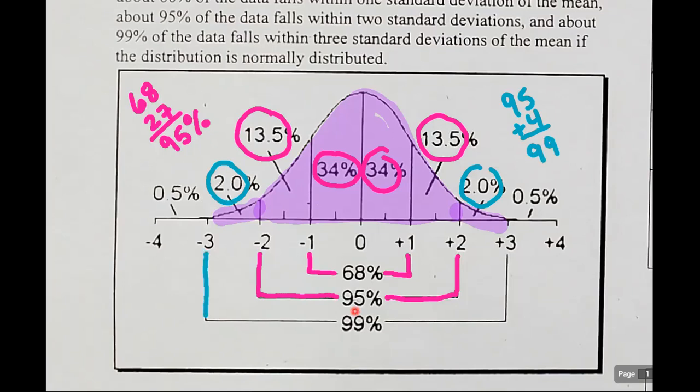And here, this is that 99%. Almost all the data falls within 3 standard deviations. Now, not exactly 100%, so you have a little bit that's out on either side: 0.5% on this side and 0.5% on this side. That is what a standard normal curve looks like.